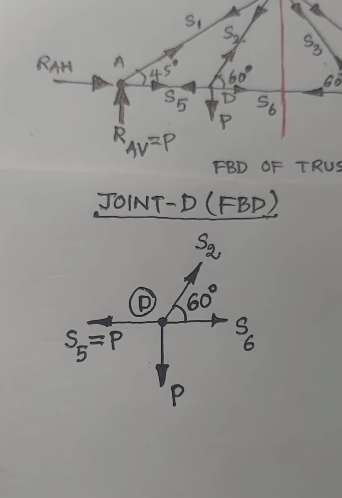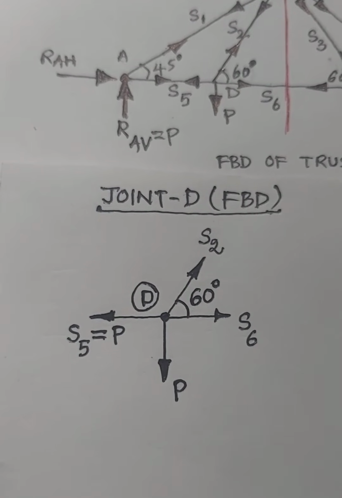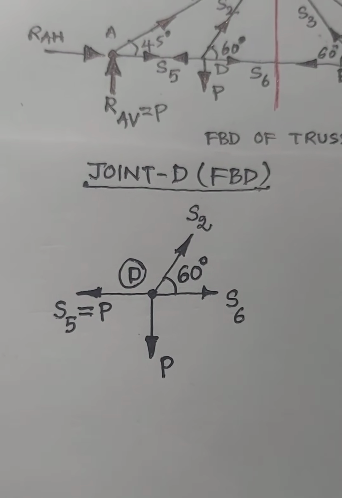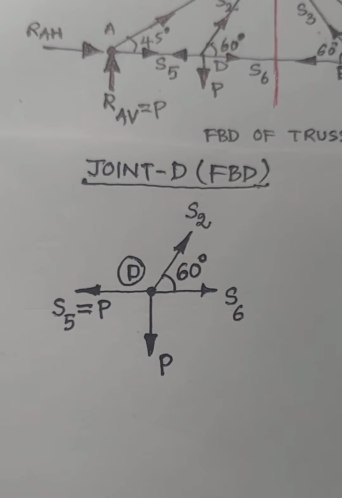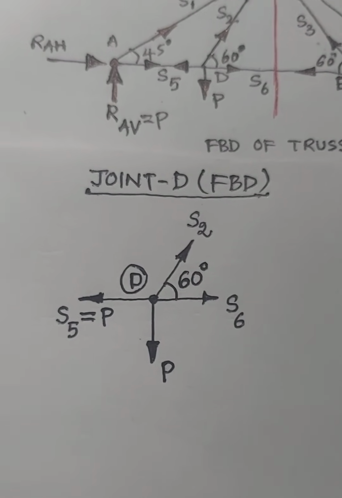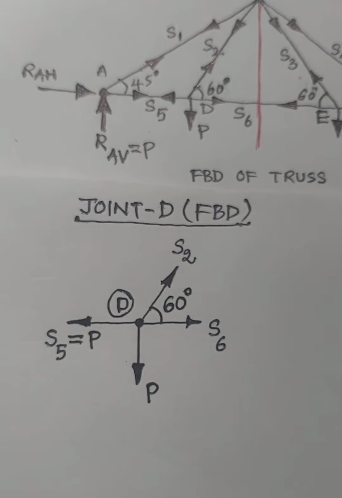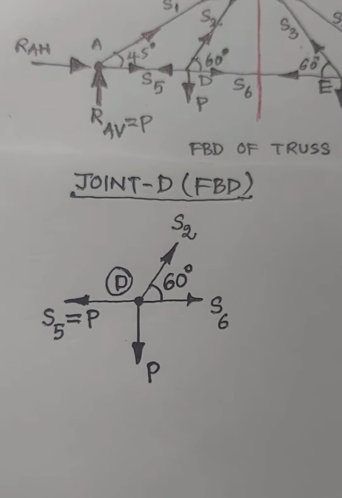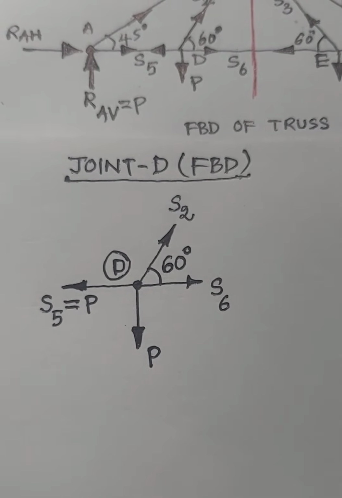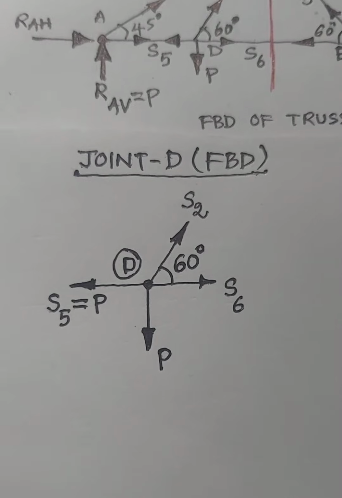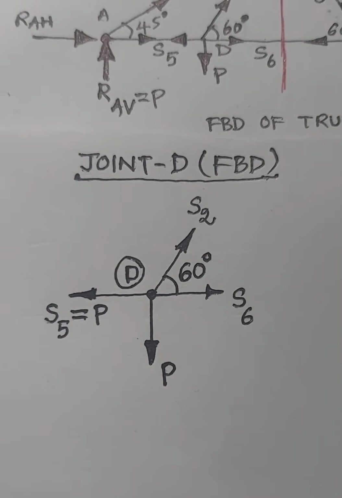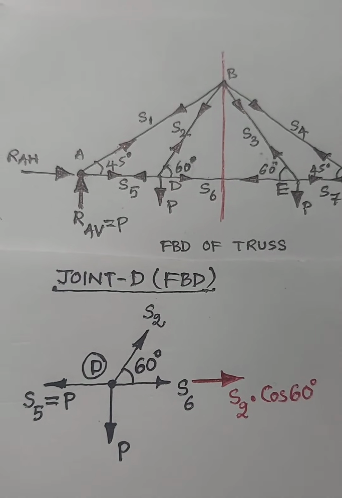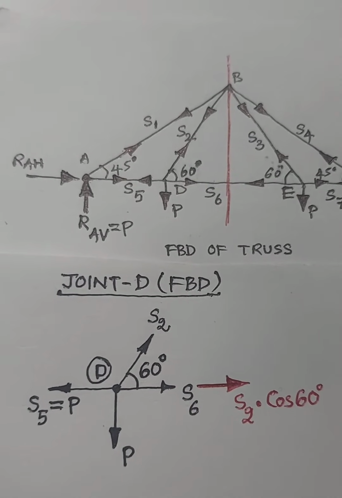One is P acting downward, another is S5 equal to P, directed leftward, S6 is directed rightward, and S2 is inclined 60 degrees with the horizontal. As S2 is an inclined force, we have to find its horizontal and vertical components. The horizontal component is adjacent to 60 degrees, and the vertical component is opposite to 60 degrees for S2.